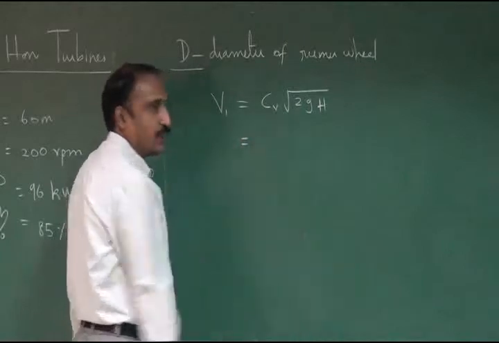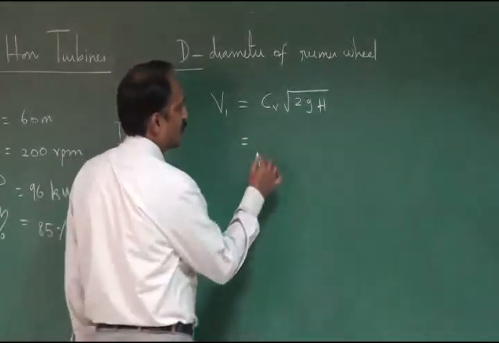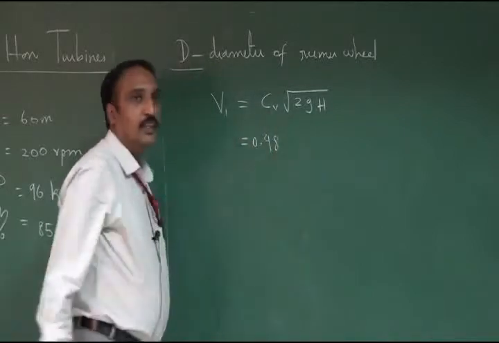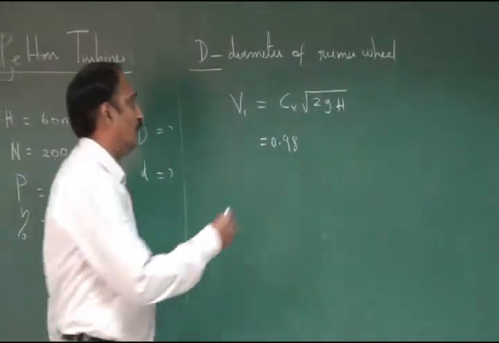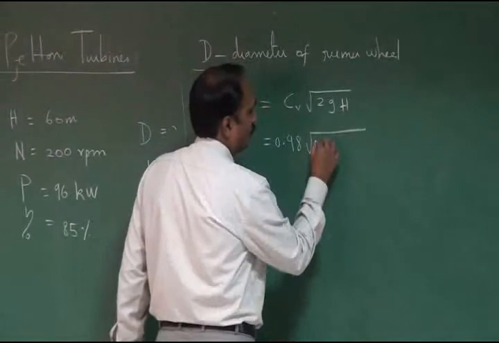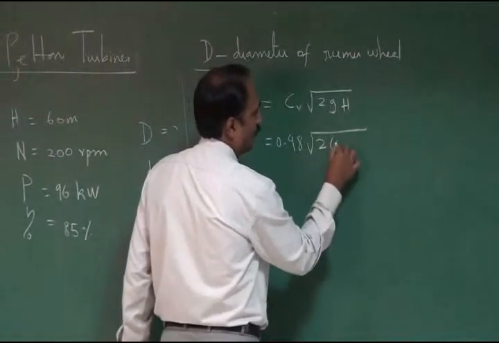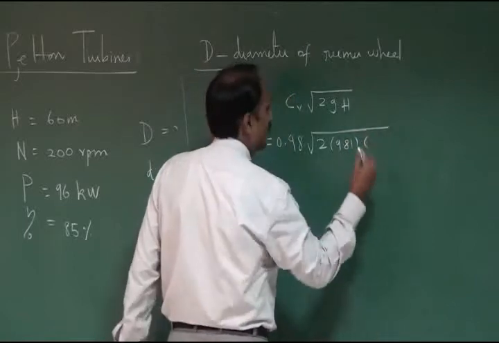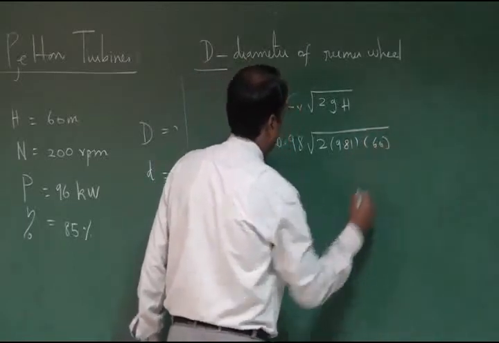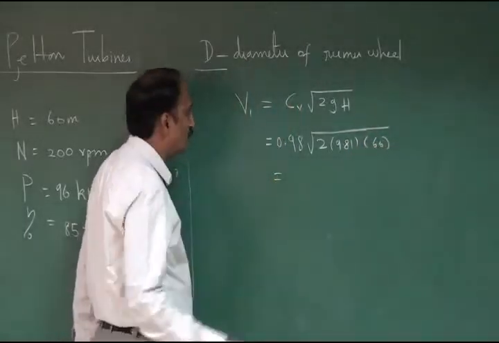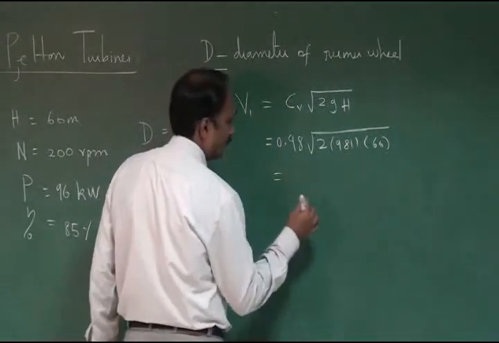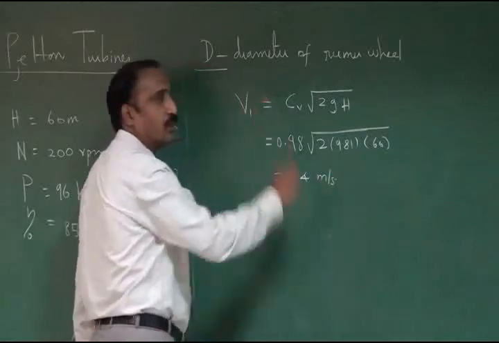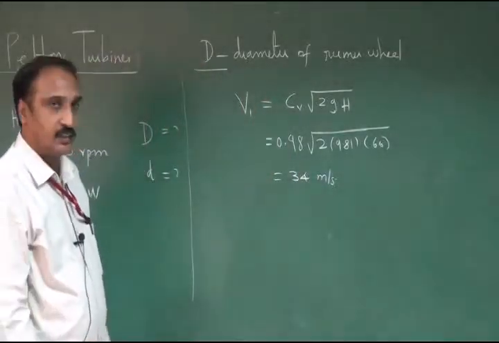The coefficient of velocity is considered 0.98, related to the nozzle, and the square root of 2g, with g 9.81 and head given as 60 meter. So the result obtained is 34 meter per second, the absolute velocity at inlet.